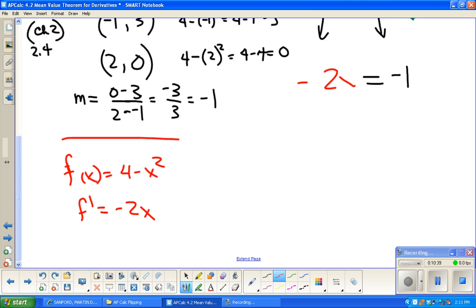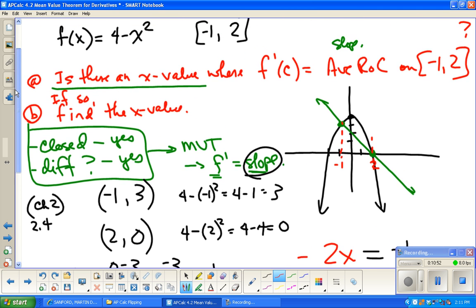I want negative 2x to equal that, so x is going to have to equal negative 1 divided by negative 2, which is 1/2. Okay, so what we just found was the value where those things worked. Okay, is there an x value where all this stuff is true? Yes, by the mean value theorem. Okay, the conditions were met. Find the x value. It's x equals 1/2.